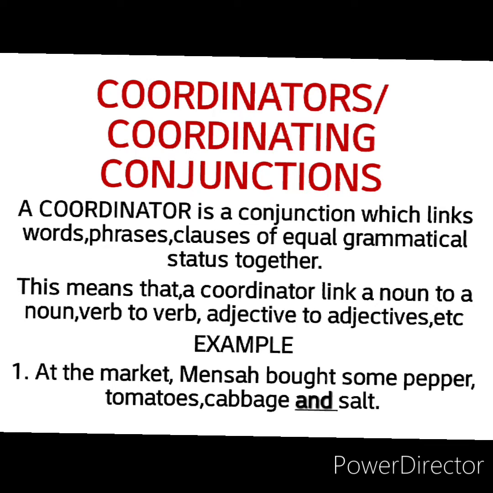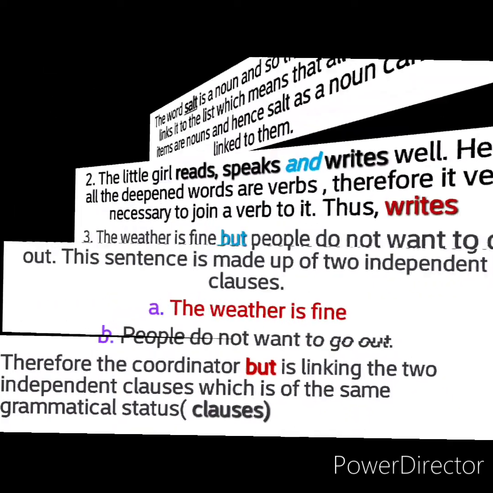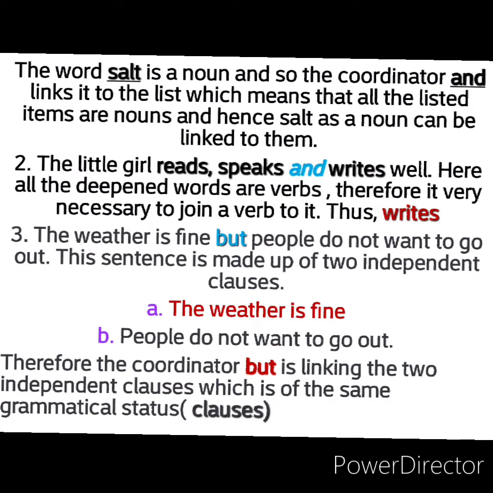Now we are adding salt to the list of items that were purchased by Mensa at the market. The word salt is a noun, and so the coordinator 'and' links it to the list, which means that all the listed items are nouns, and hence salt as a noun can be linked to them.